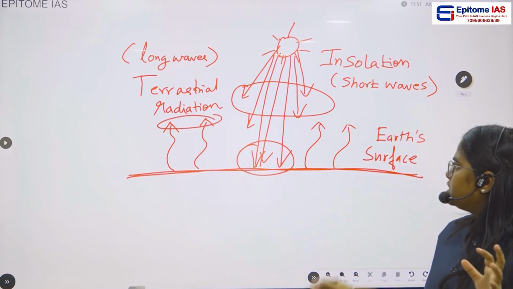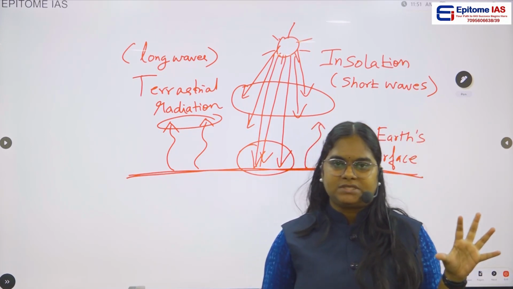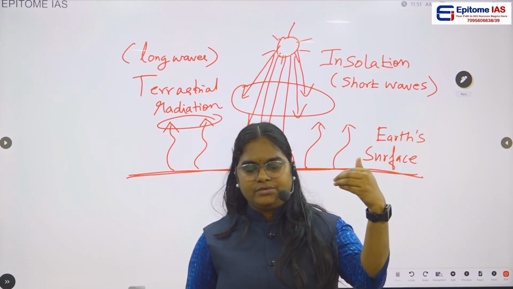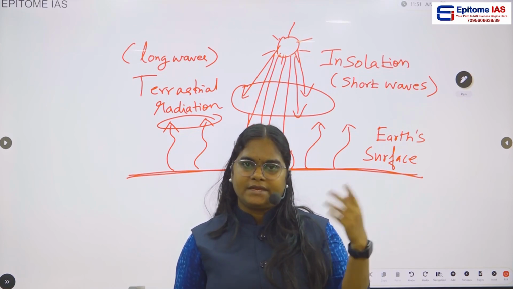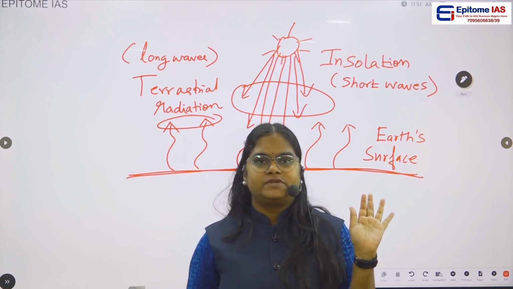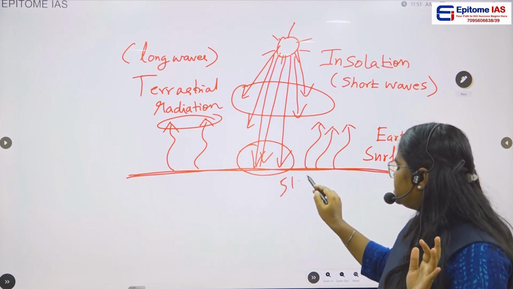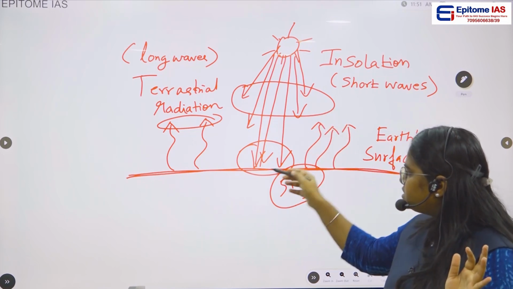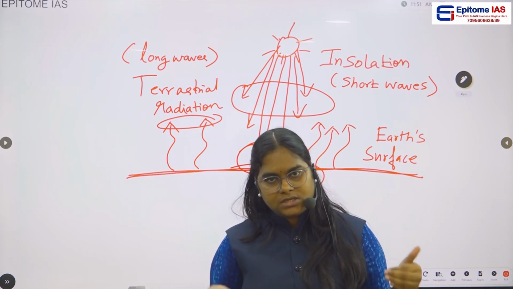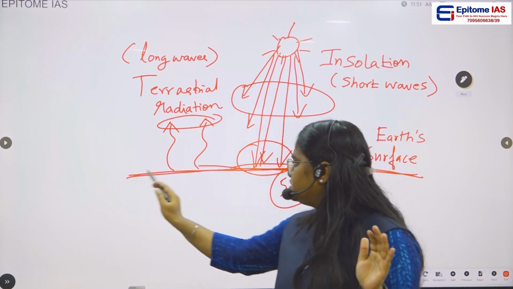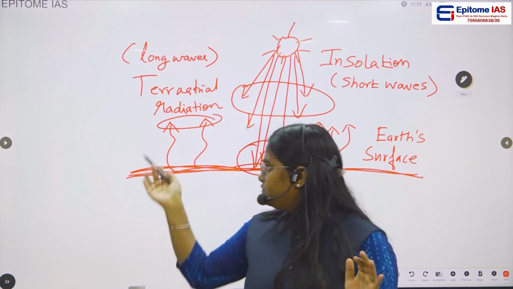As we already saw, most of the incoming solar radiation is either reflected back, absorbed by the atmosphere, or scattered by the atmosphere. And in terrestrial radiation, around 51 percent of the incoming solar radiation reaches the Earth's surface, and after reaching the surface, it starts radiating back in the form of long waves.